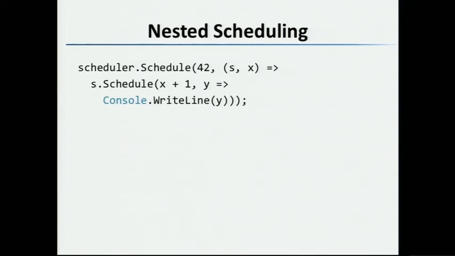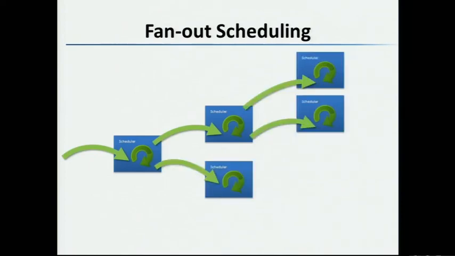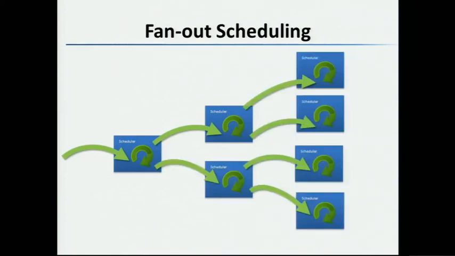That allows us to do these nested schedulings. For example, we can also fan out here. Each time we might schedule work that jumps inside of a scheduler and does a bunch of other work, schedules things, but then it may also schedule on some other scheduler, and it keeps going like this.